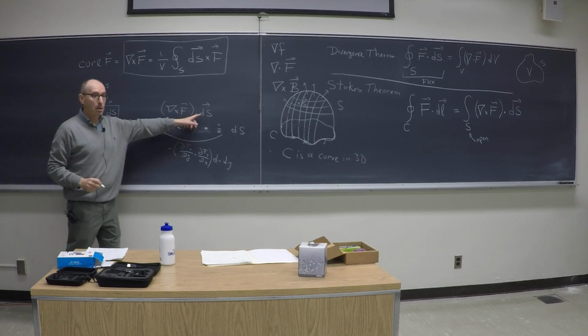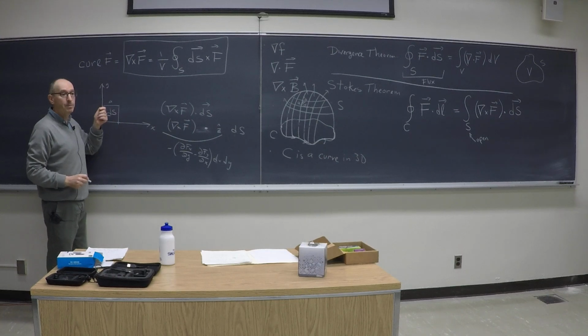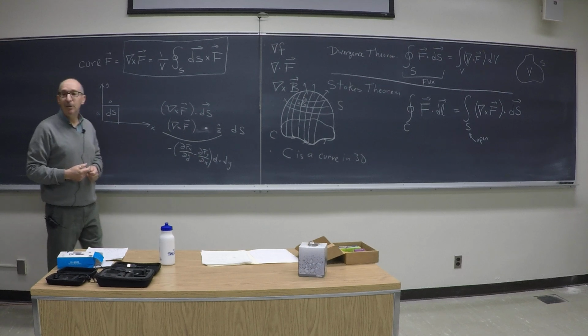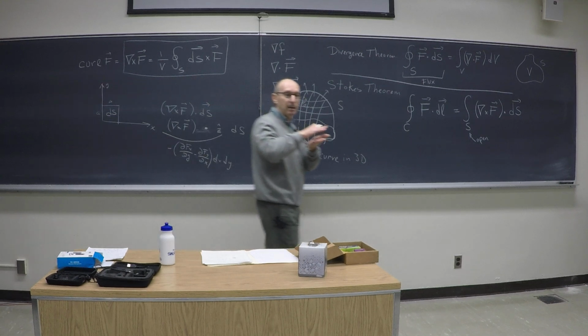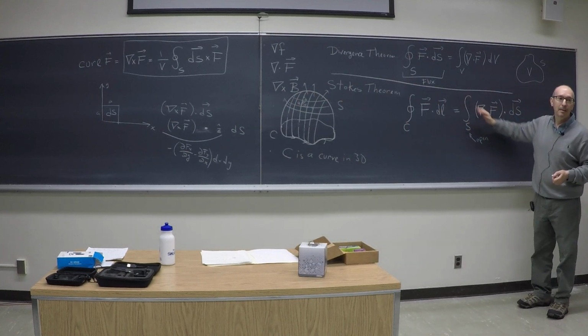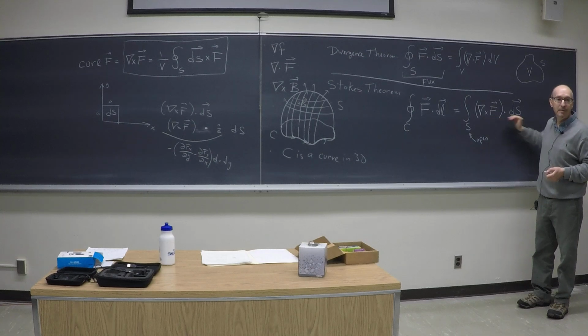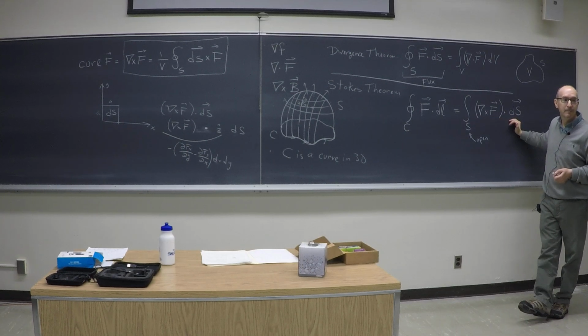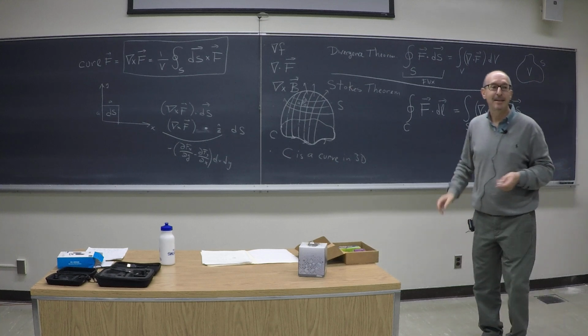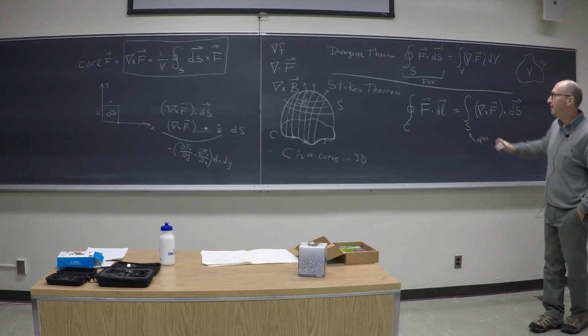The vector points perpendicular to that. But I also said that when you are doing an integral on a very tiny patch, then the integral is nothing but the integrand times the patch. This is nothing but calculus 1, a little bit.